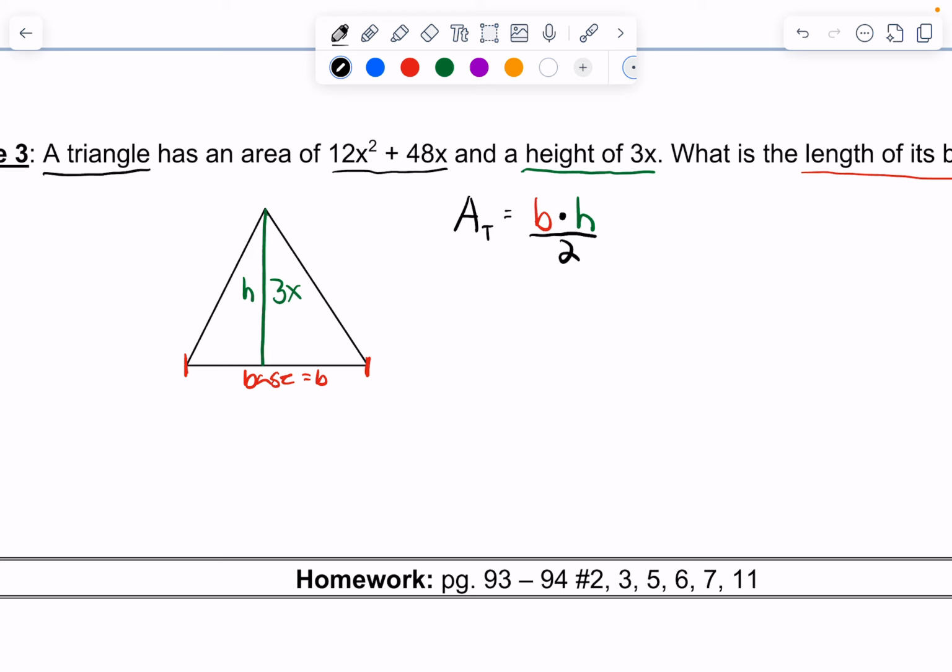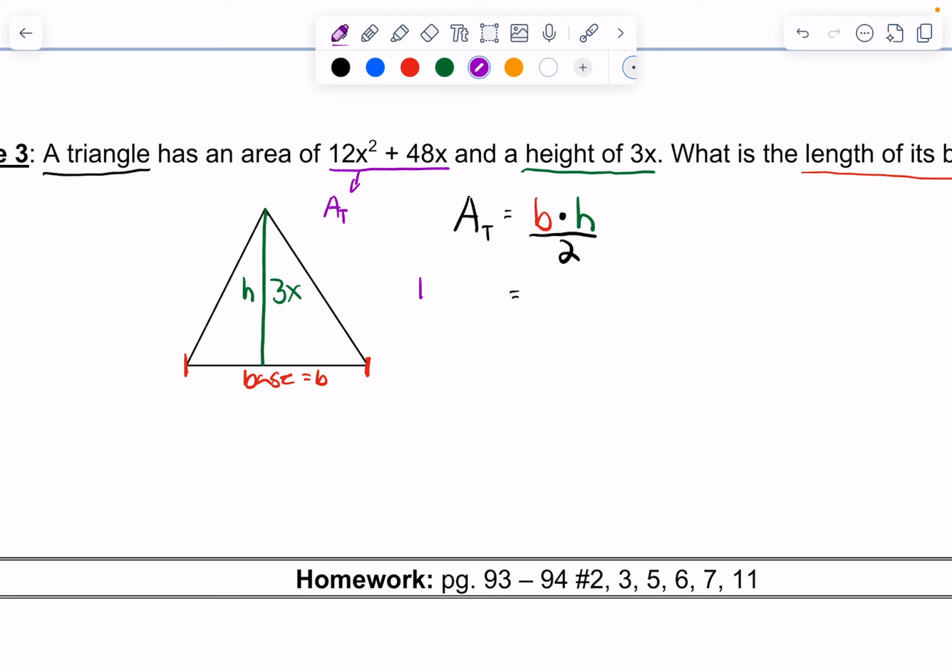All right, well, let's fill in what we know so far. So we were given an expression for the area of a triangle. I said we'd come back to this after. The area of the triangle is this 12x squared plus 48x. That's what this base times height divided by 2 is equal to.